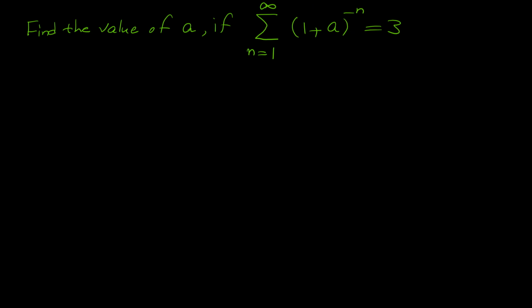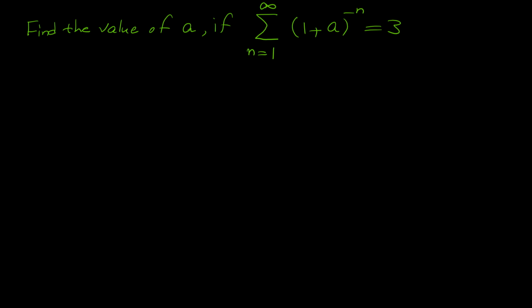But if you want to be clear that this is really a geometric series, you can start writing the terms of the series, and then you have to look for a constant ratio. If you plug in 1 for n, what is the first term of this series?